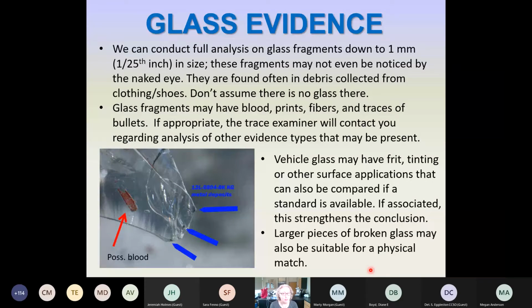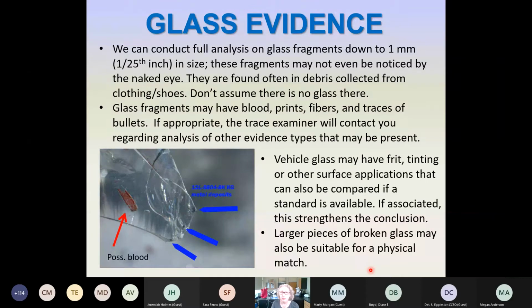We also can do some analysis on particles that are even smaller. However, we put this 1 millimeter threshold because that's where we can do all the statistics that we talked about. Glass fragments may also have other evidence on them. We do see broken glass fragments that have blood, sometimes victim blood, but it could be suspect blood depending on the scenario.